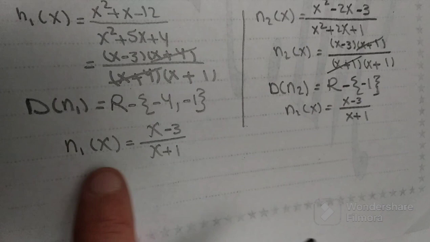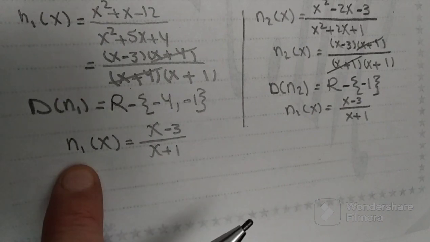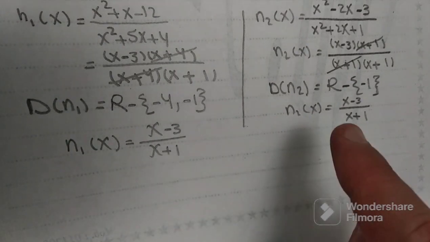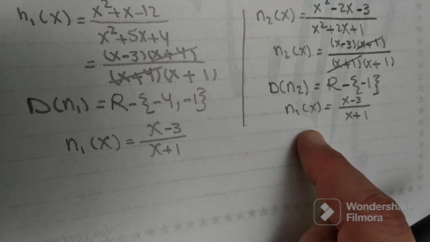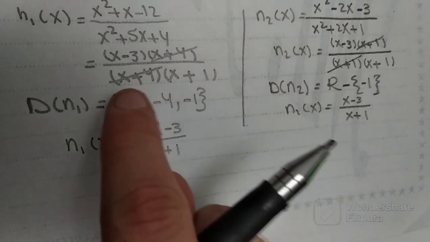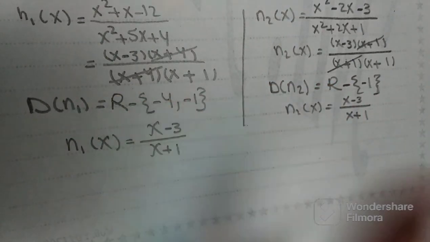We find here that n1 of x simplified equals n2 of x simplified, with the difference between the domains.